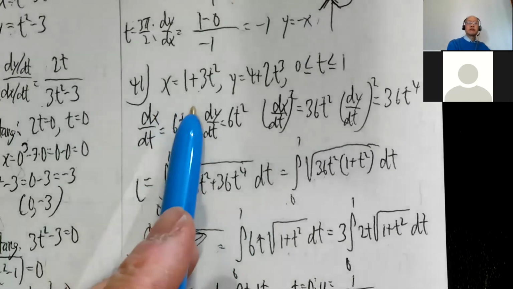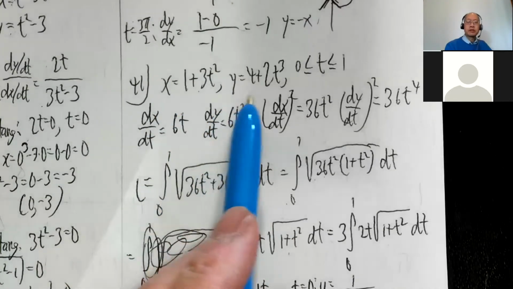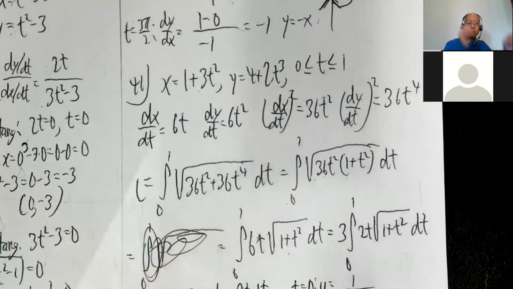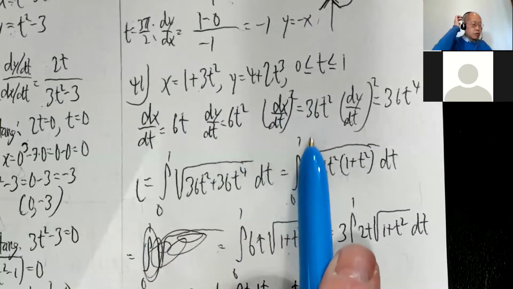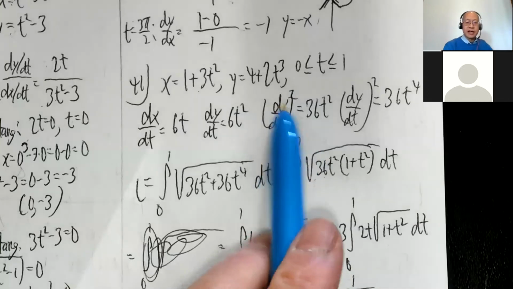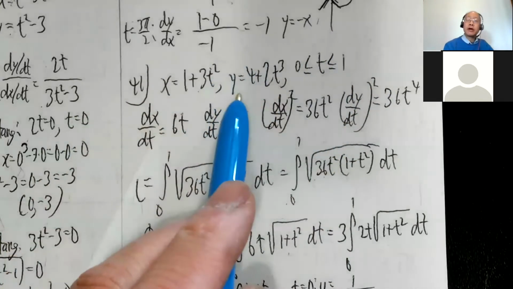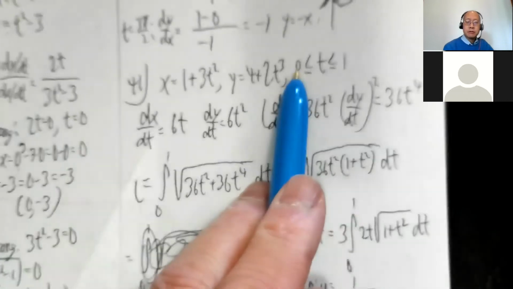Okay. See, 41. x equals 1 plus 3t squared, y equals 4 plus 2t cubed. t goes from 0 to 1. Okay, this has some curve. We don't really care what it looks like. I mean, you could plot points. I can make a table.